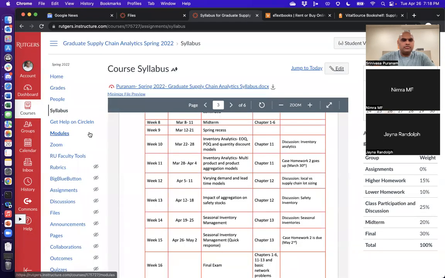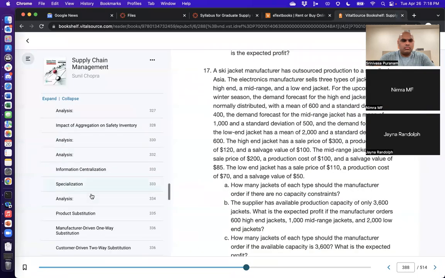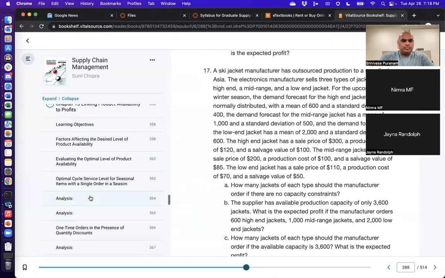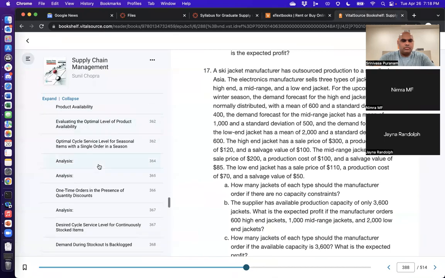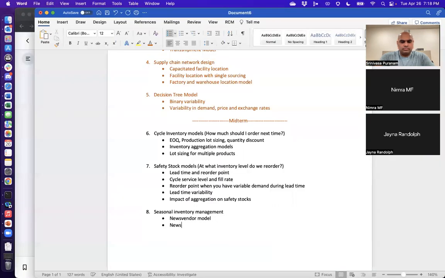So we looked at the basic news vendor model. We looked at news vendor models with quantity discounts. We looked at the news vendor model when demand is obviously variable.